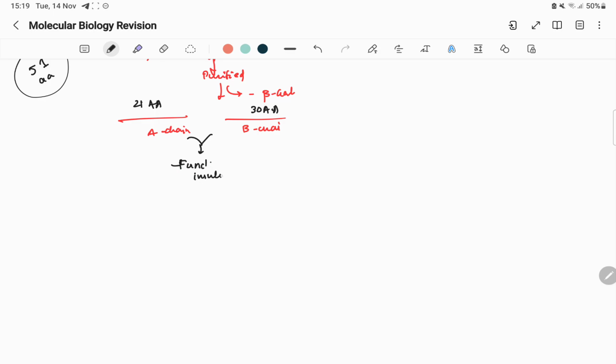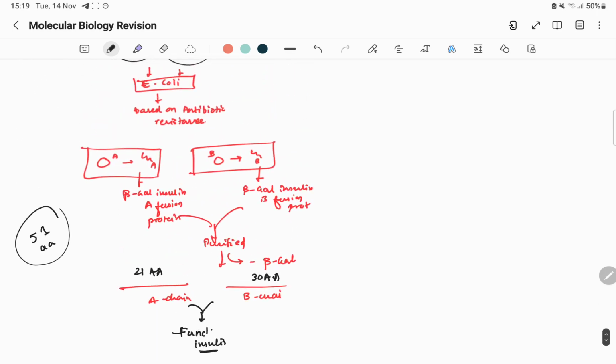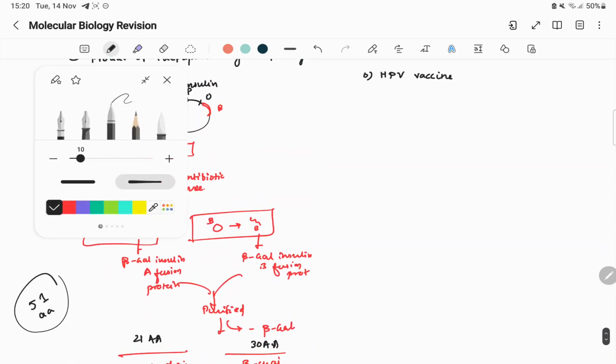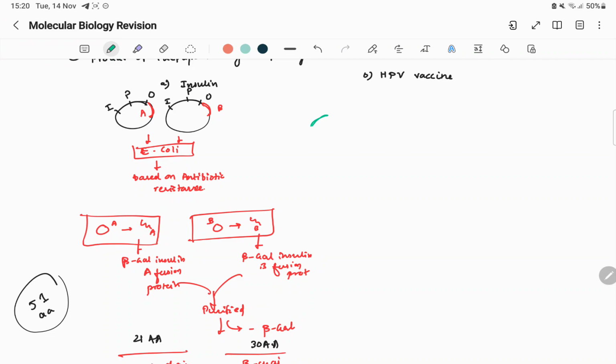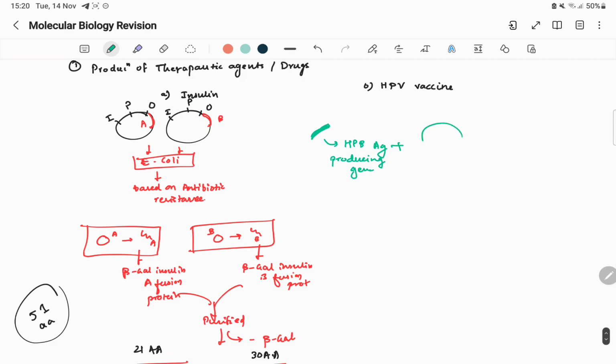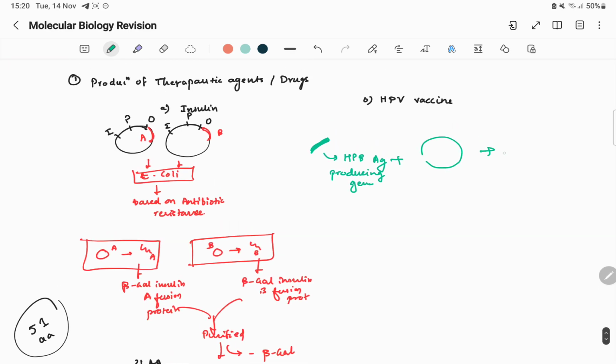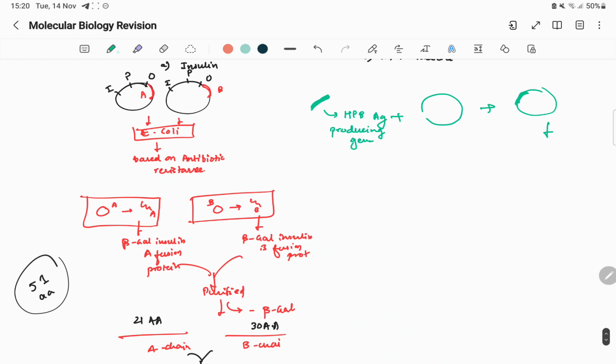Similarly, the hepatitis B vaccine. How can you create the hepatitis B vaccine? You can introduce a gene called the hepatitis B antigen producing gene. Then you can take a plasmid and incorporate it there, and introduce it into yeast.